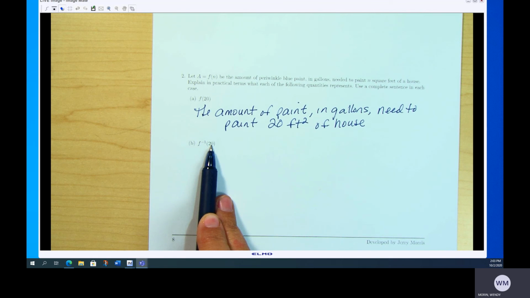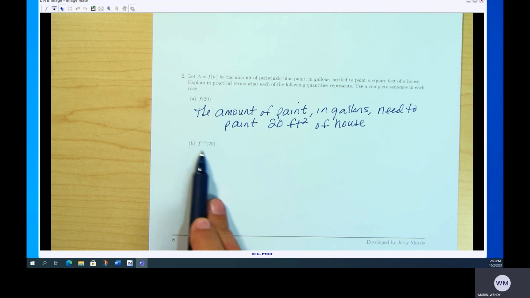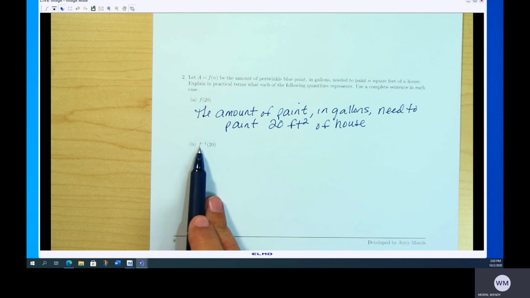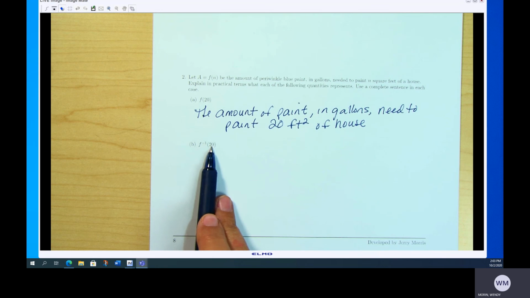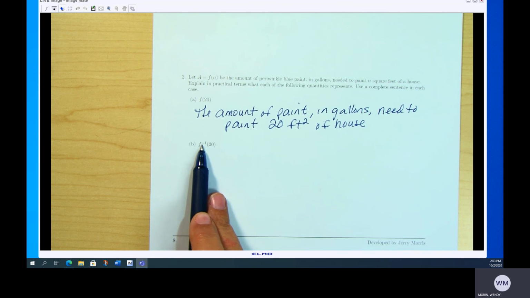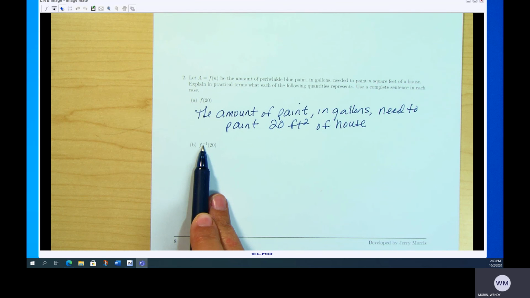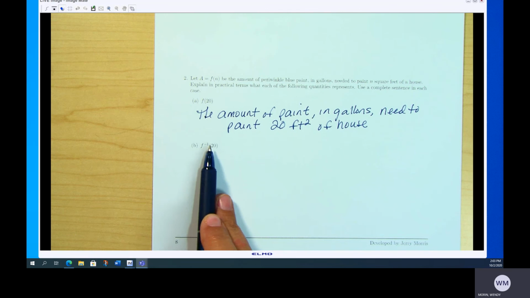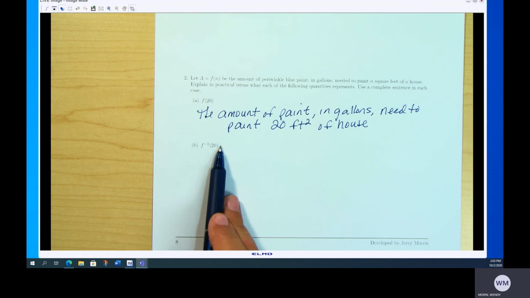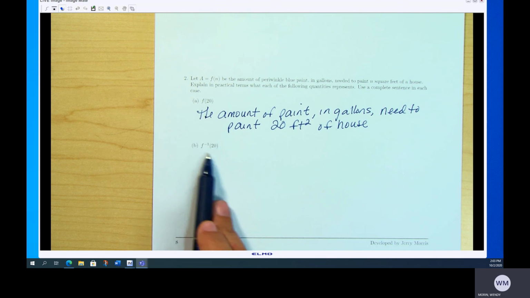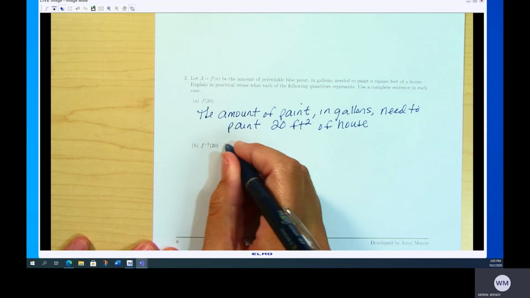The question is, what does this notation mean? What does it mean, f of -1 of 20? Now don't do any mathematical operations with that -1. That is just inverse function notation. Don't be multiplying by -1 or dividing by -1 or flipping it over. So normally this whole thing represents our output, but this notation here represents what? That's what they're asking us for.